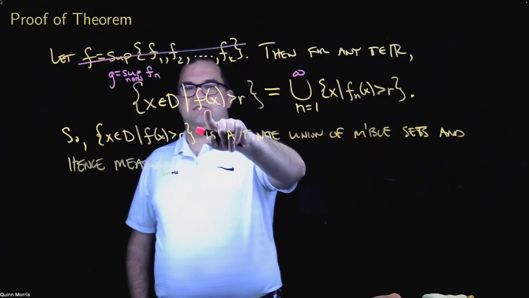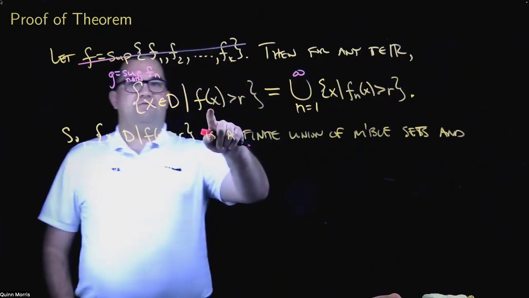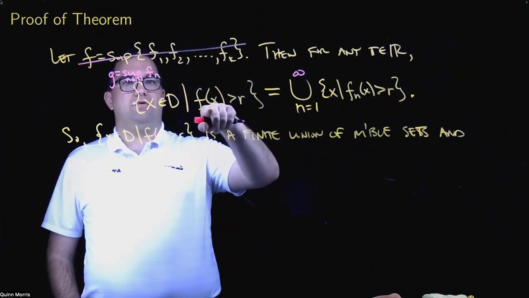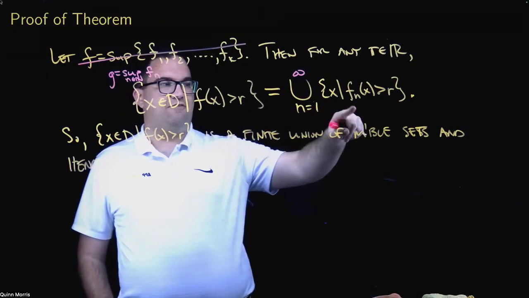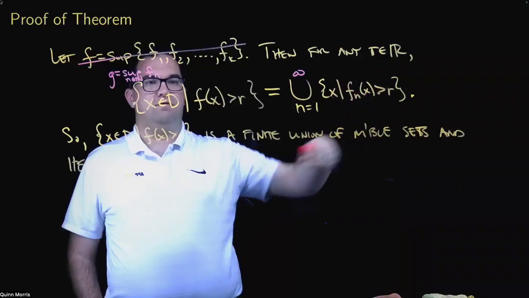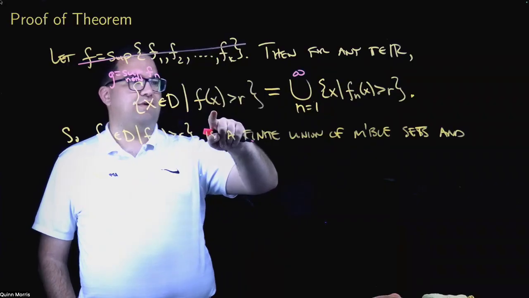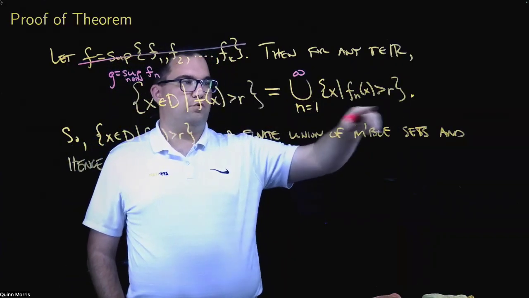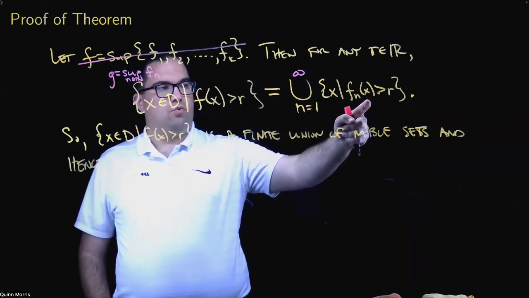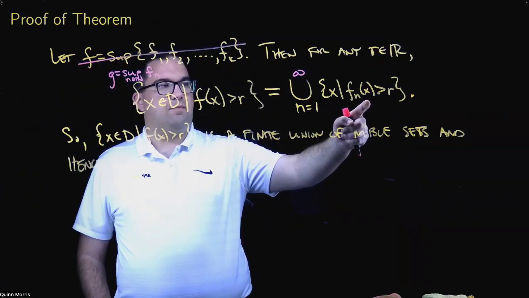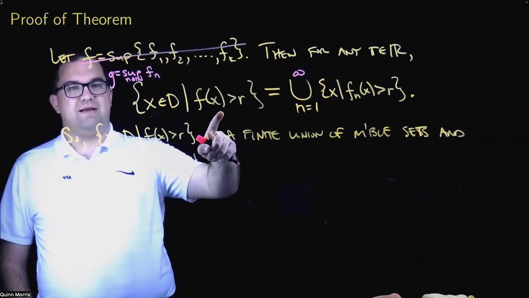If x is such that f of x is greater than r, well, f of x is an upper bound for the set of all f n's. So actually, f n of x must be greater than r for every n. So it's in every set of this form, so it's certainly in the union. If I take a particular one, f sub i of x greater than r, then f of x must still be greater than r.